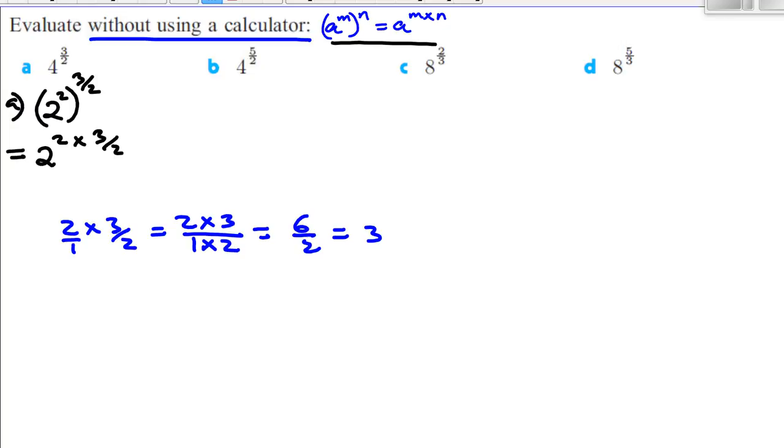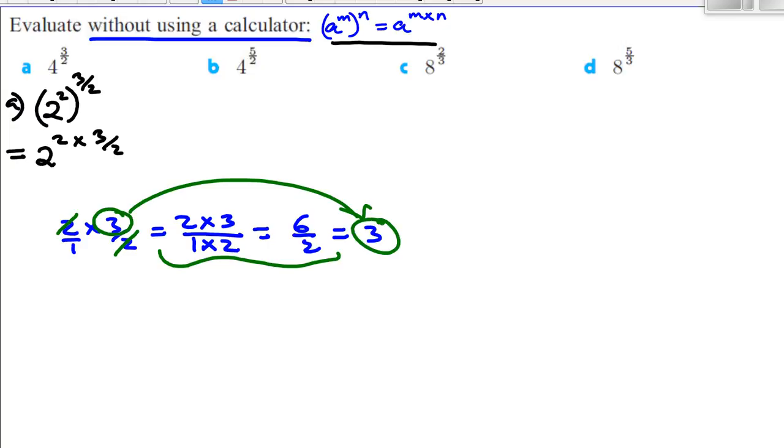So instead of doing all this process, if we have a question like this one here, 2 multiplied by 3 over 2, you can just cancel this, and then you end up with 3 as your answer. So you don't have to go through all this process.